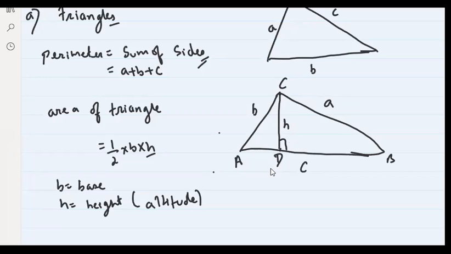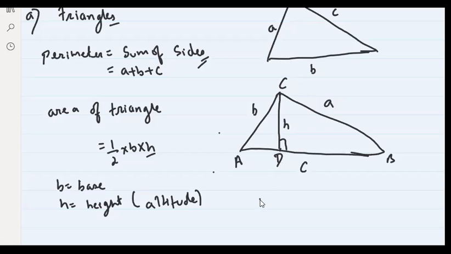Yes, very good, Ragini. Base is that side on which a perpendicular is drawn. Base is always that side on which perpendicular is drawn. See, perpendicular is drawn on AB, yes or no? On which side is this perpendicular drawn?